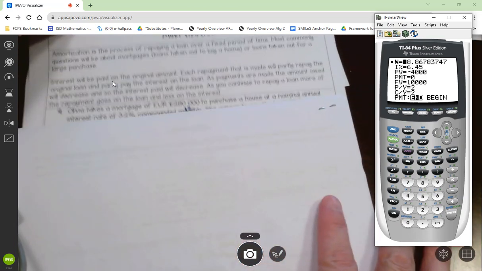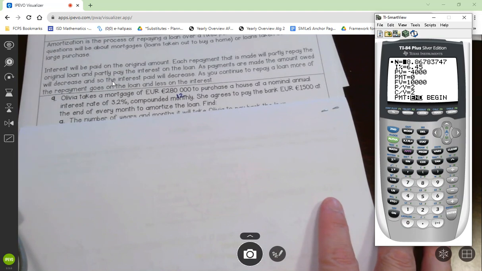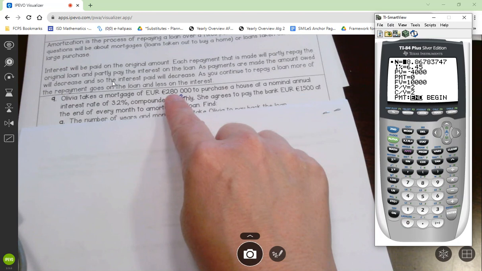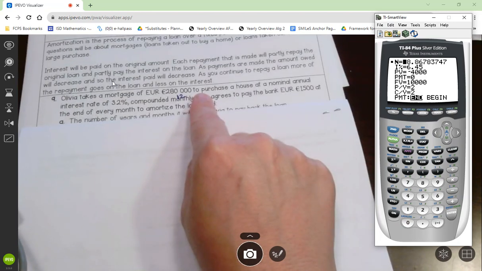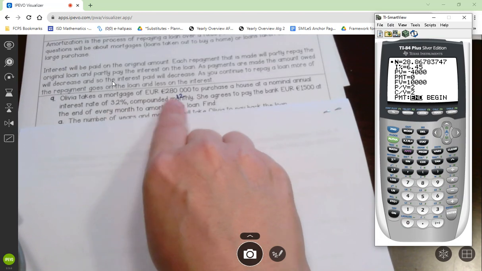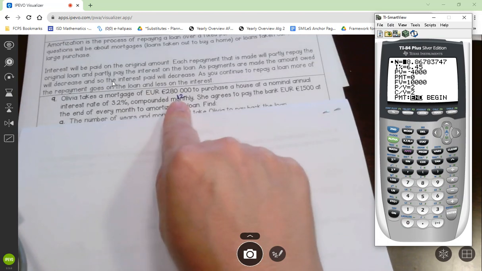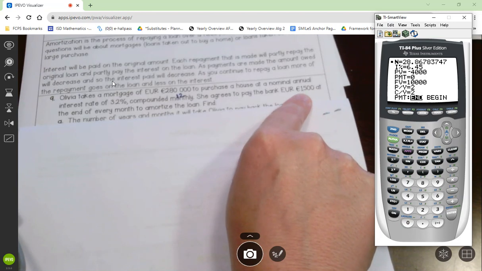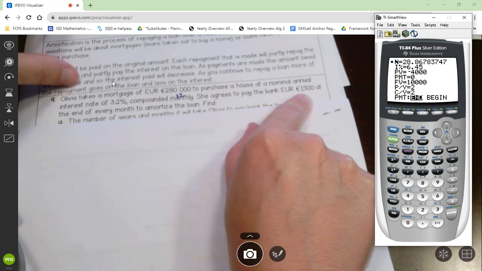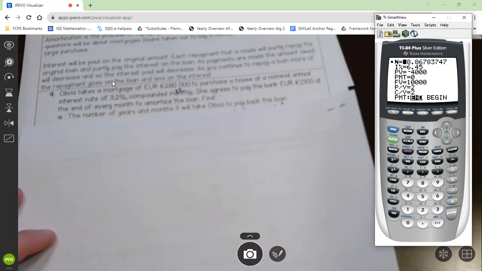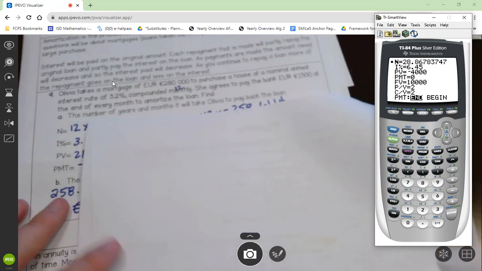So here's what happens. Olivia takes a mortgage of 280,000 euros to purchase a house with an interest rate of 3.2% compounded monthly, so 12 times a year. She agrees to pay the bank payments of $1,500 at the end of every month, and we need to find the number of years and months it will take Olivia to pay back the loan. So we're going to start over here.